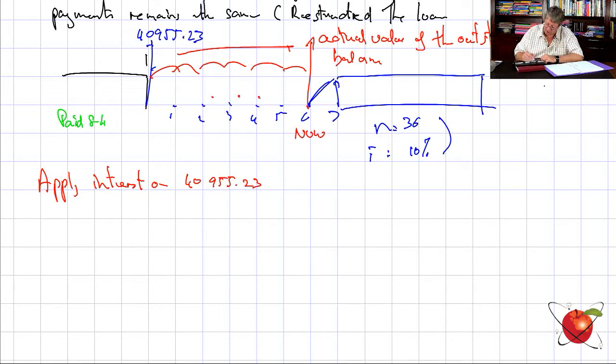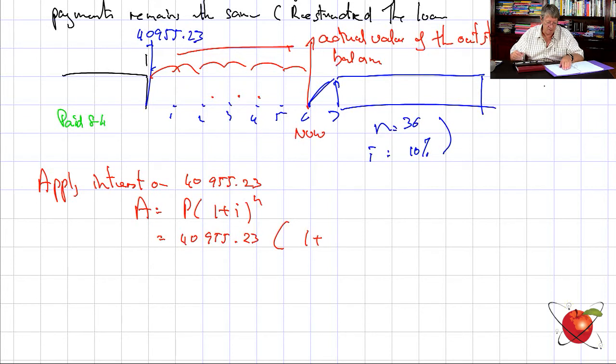So therefore I use the normal formula. Amount is equal to P(1 + i)^n, which is 40955.23 multiplied by 1 plus my interest, which was 0.1 over 12, for 6 months.